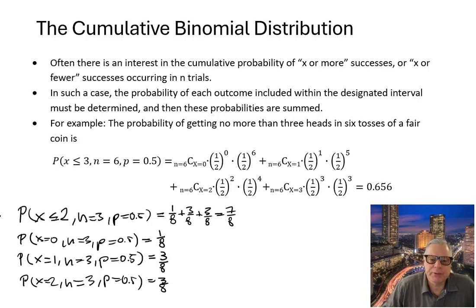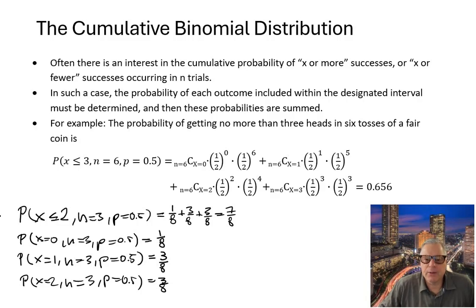So now we have another example. What's the probability of getting no more than 3 heads in 6 tosses of a fair coin? So now we would write: what's the probability of getting no more than 3 heads in 6 trials, when the success probability is 0.5.